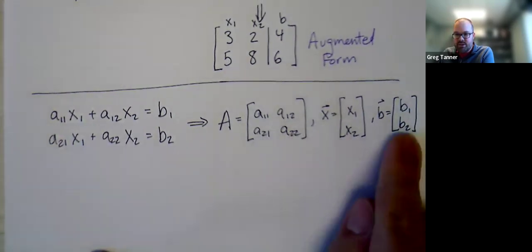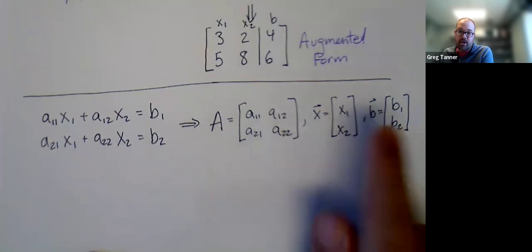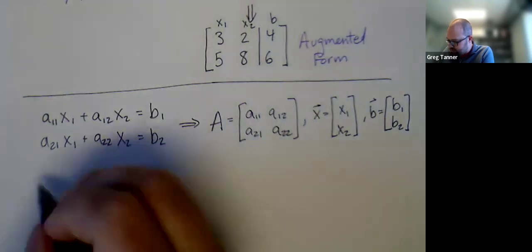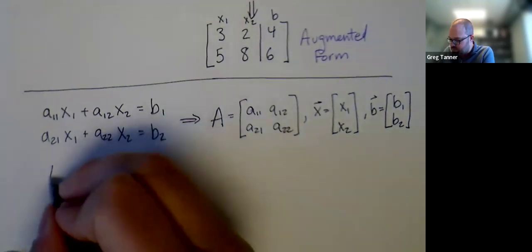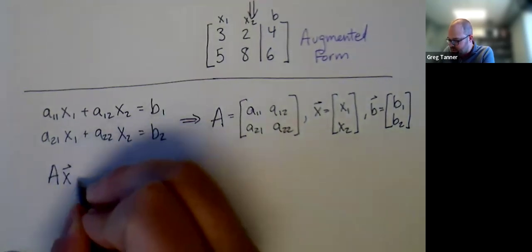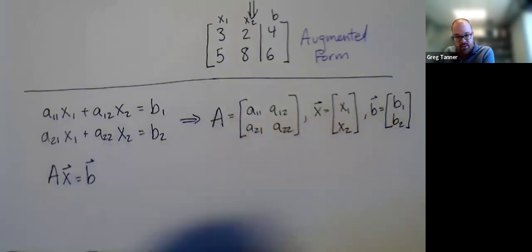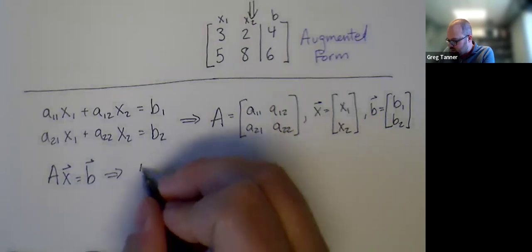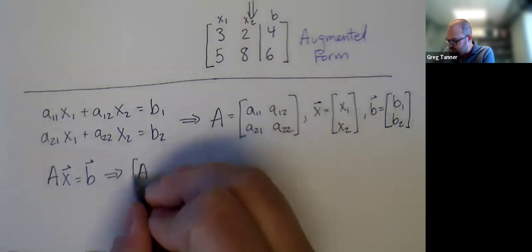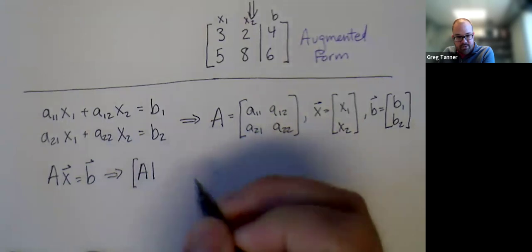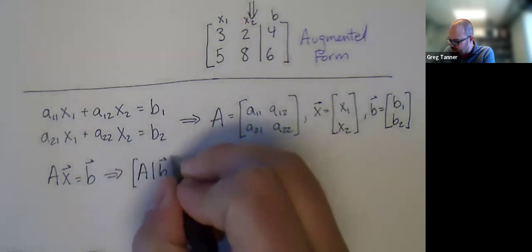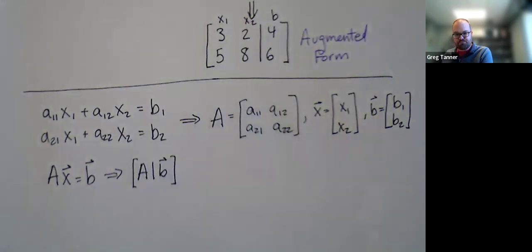So usually the A's and B's are known, but the X's are unknown. Okay, and so I can write this system in matrix form as AX equals B. I can also write it in augmented form by taking that A matrix and drawing a vertical line to separate it from the right-hand side B vector.